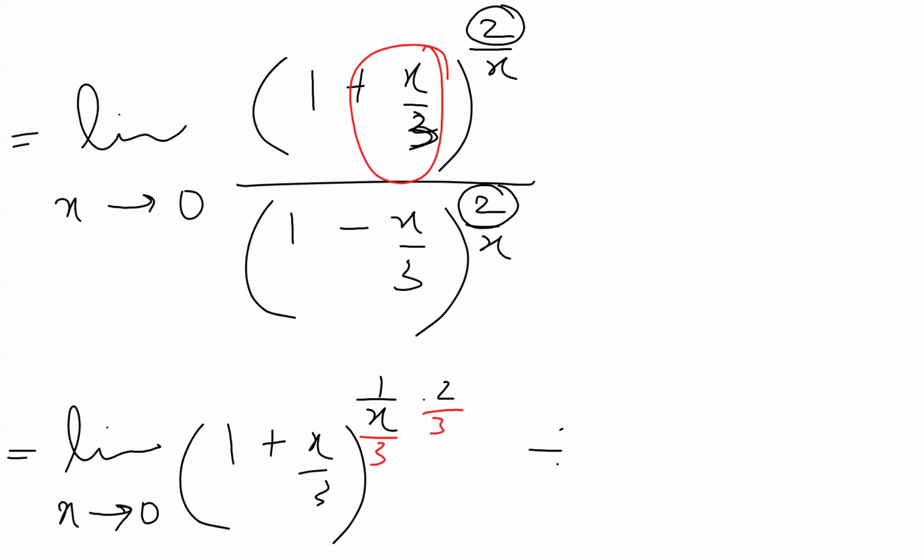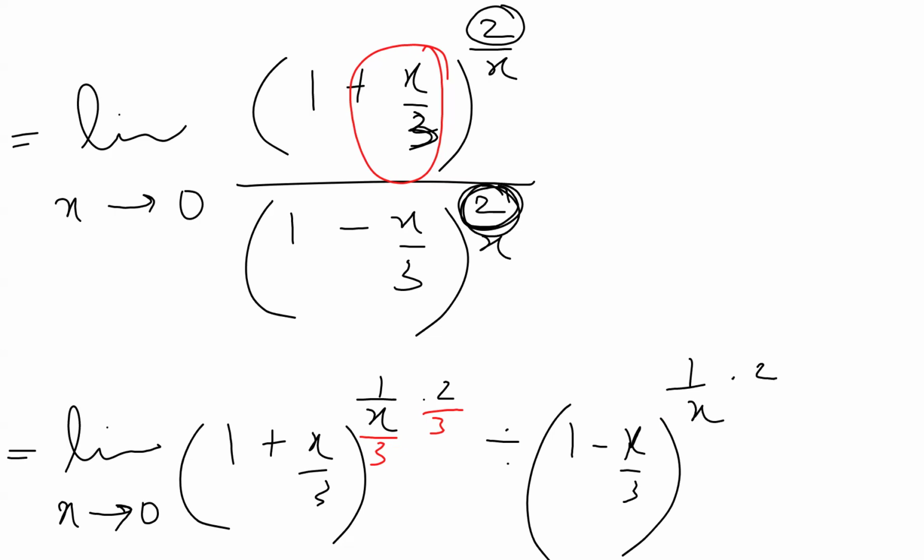So I'll divide by 3, multiply by 3. In the denominator, 1 minus x by 3, eliminate this 2: 1 upon x into 2. Divide and multiply by minus 3. Minus x by 3 upon minus 3.